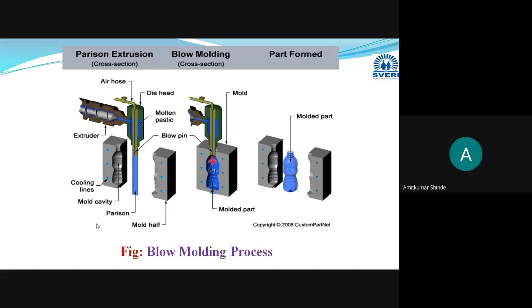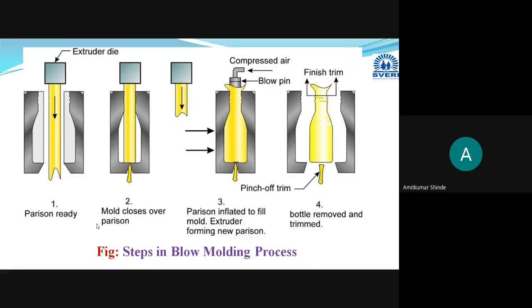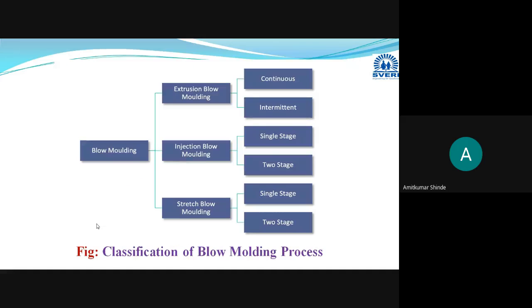Now, after the stages involved in the blow molding process, the next part, we will move towards the classification of the blow molding process. Now, whichever chart is there on the screen, you can clearly see that this is the classification of the blow molding process. I think this much classification is sufficient.